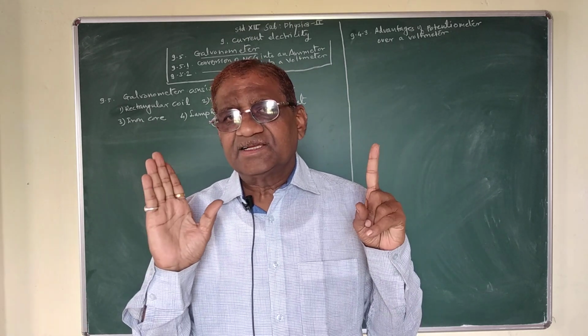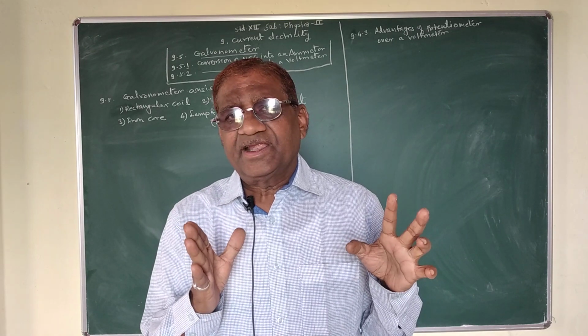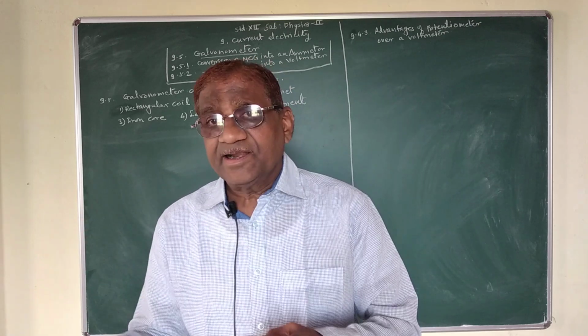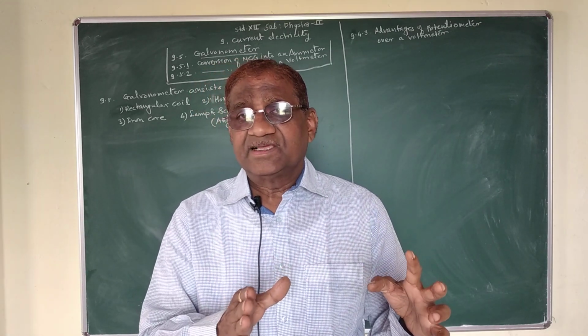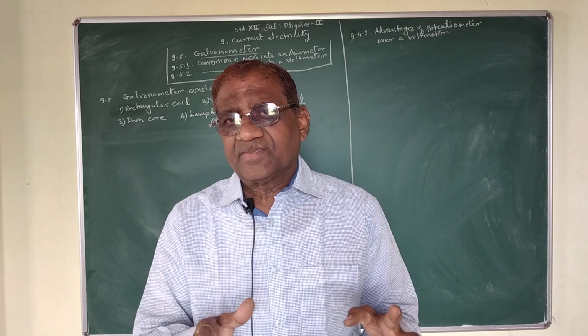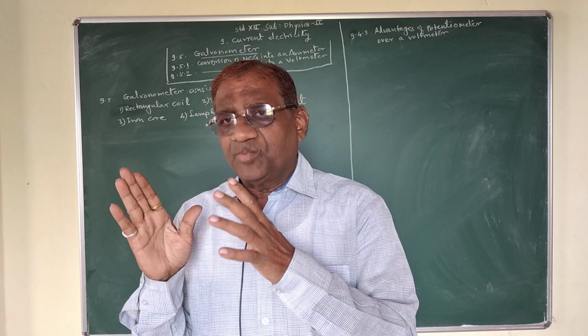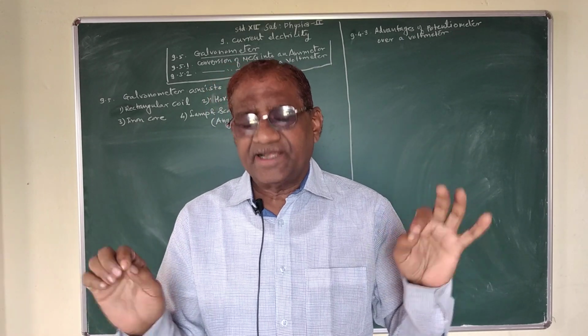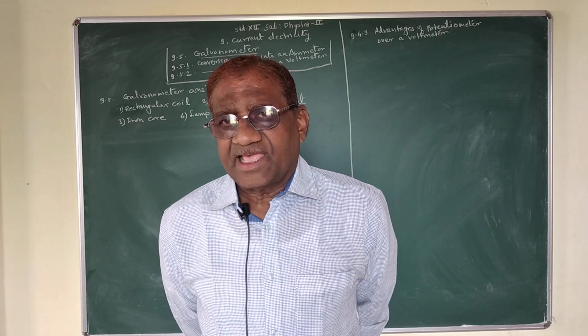So we can use it as an ammeter as well as a voltmeter for the measurement of electric current and potential difference between 2 points in an electrical circuit. This is the galvanometer.